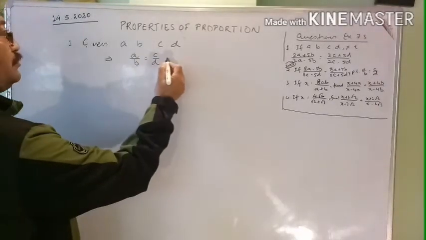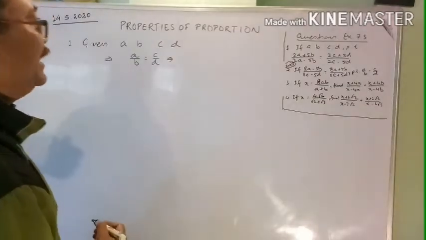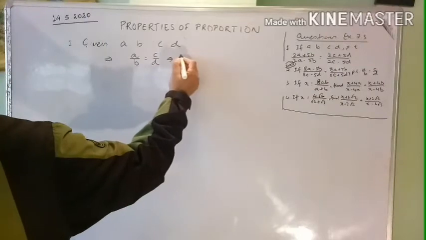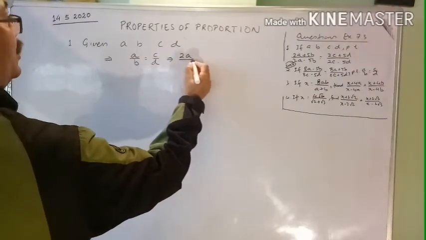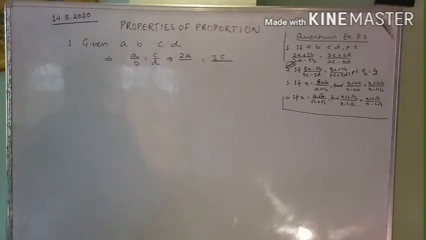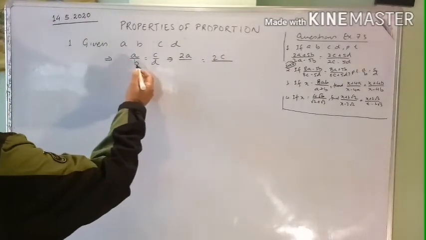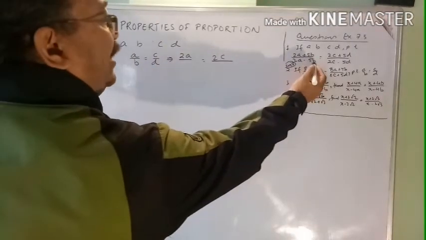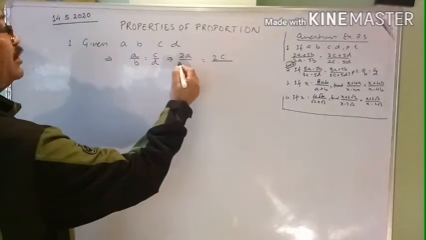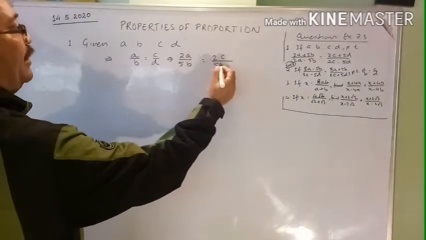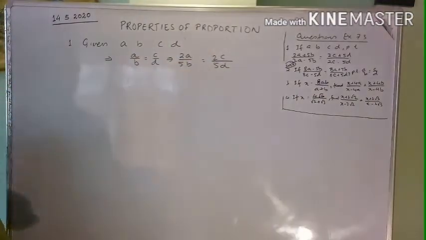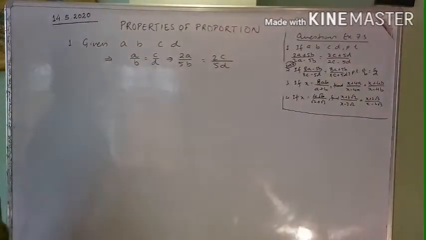Now here look at the coefficient of A and C. Here twice A and twice C. So that means we multiply numerator by 2 both sides, twice A by and twice C. And if you look at the coefficients of B and D, it is 5 and 5. So we multiply both sides by 5 in the numerator, 5B and 5D. So these two are equal because 2, 2 get cancelled, 5, 5 get cancelled. So these are equivalent proportions.